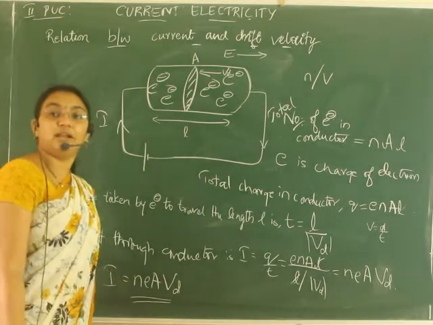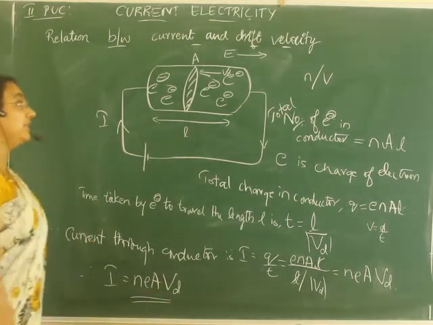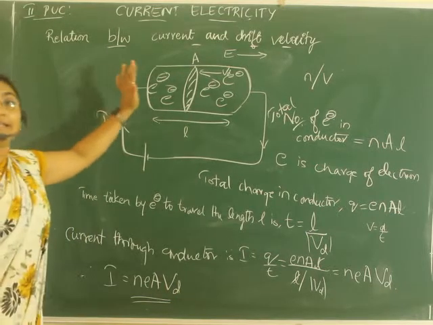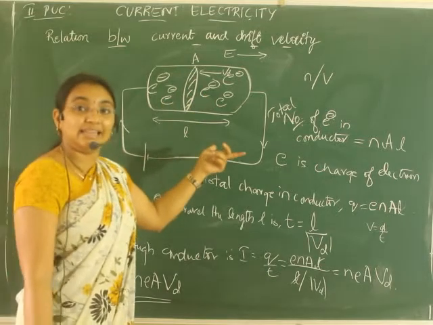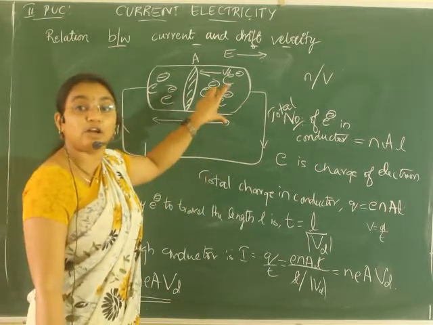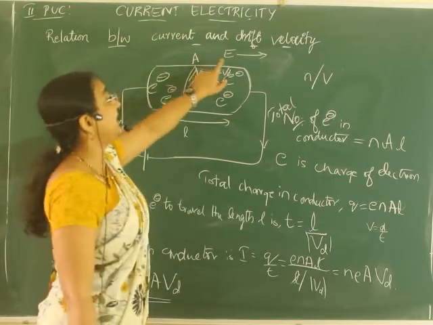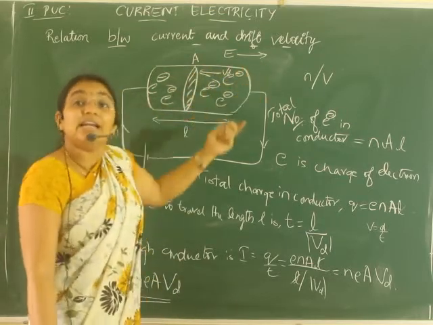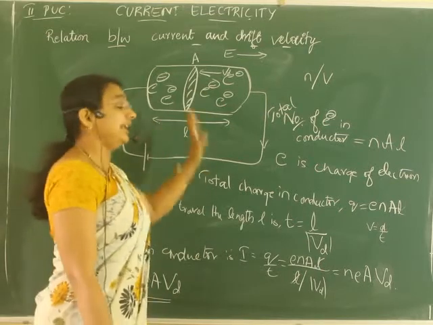How did we find the relation between current and drift velocity? What we have done? Let us consider a conductor of length L having the area of cross section A. When an external electric field E is applied, electrons will be drifted with the velocity Vd.